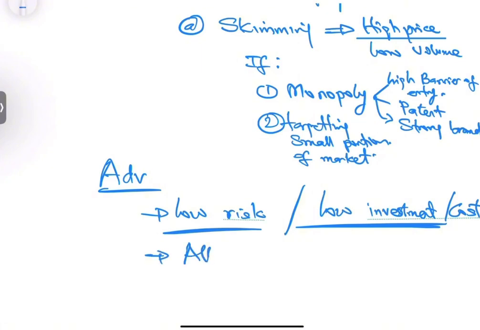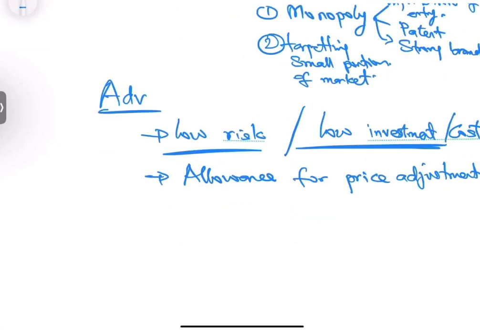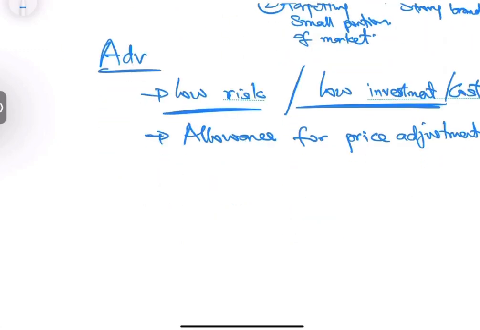Likewise, you have an allowance for error. So there's allowance for price adjustment. Because if you go market skimming at very high price and nobody's buying it, you can come down to their level and sell at their price. And you're still going to be profitable.